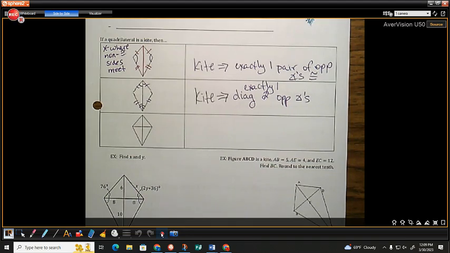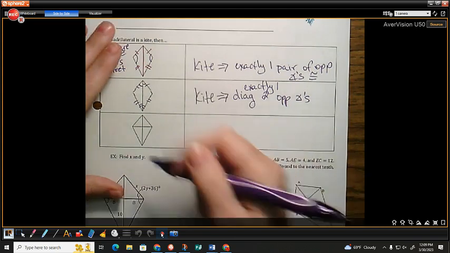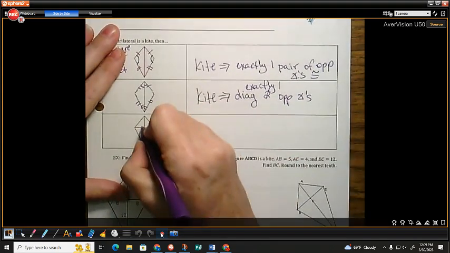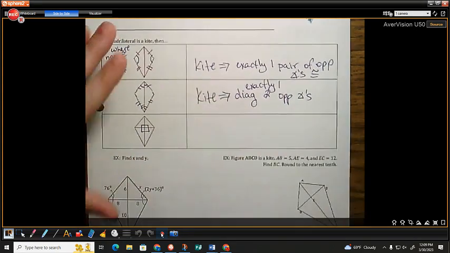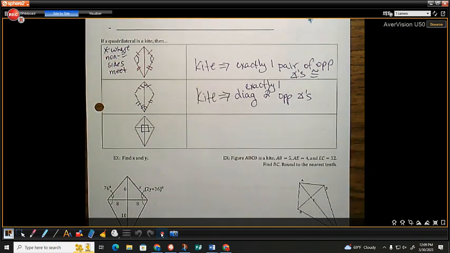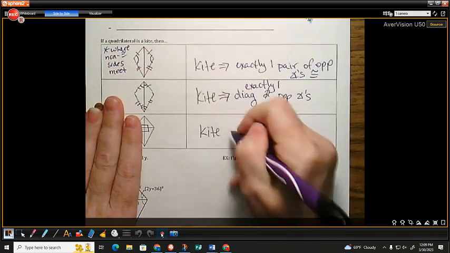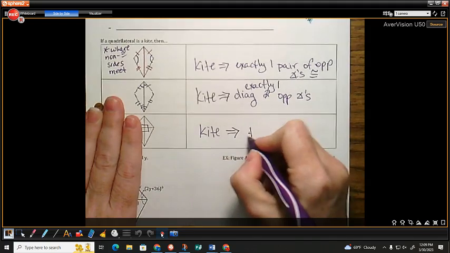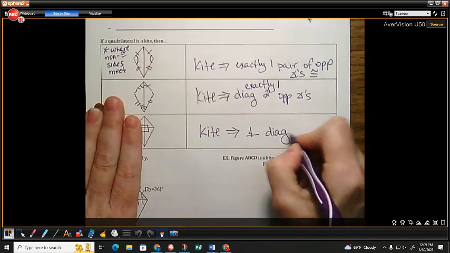They make a 90-degree angle. Oh, and what's it called when lines make 90-degree angles? The diagonals are perpendicular. So that's your implied statement for this one. A kite implies perpendicular diagonals.